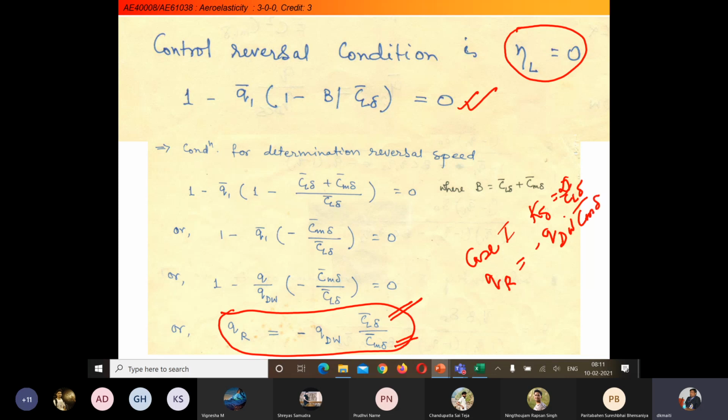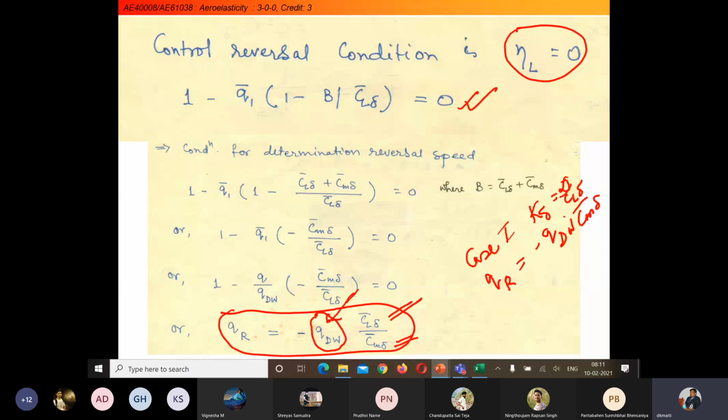So apparently the control reversal speed does not depend on the stiffness of the control actuator. However, it depends on the aerodynamic coefficients CL delta bar and CM delta bar, and also the flexibility of the wing. The flexibility of the wing is reflected in this QD wing, that is the wing divergence dynamic pressure.